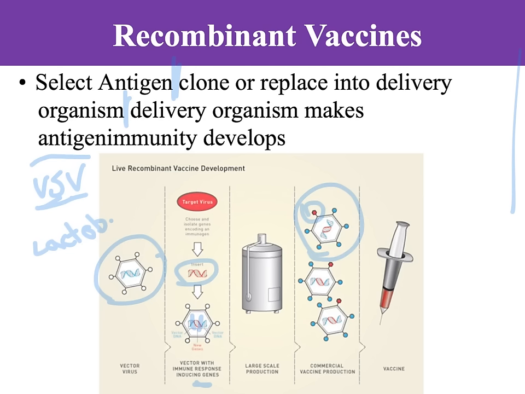And what happens when you use a recombinant vaccine like this is that you get the benefit of having a live vaccine. So all those things we talked about in terms of this mimicry of a natural immune response, you get that with these recombinant viruses.